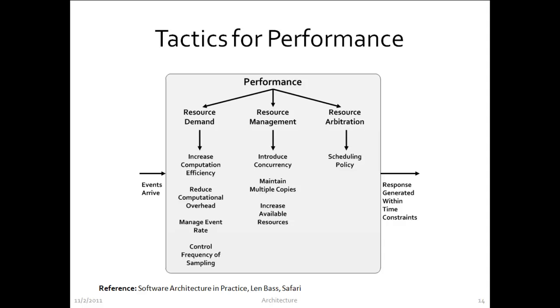The third kinds of tactics are for performance. And for performance, you essentially have the following tactics. You can either do things more efficiently, essentially reduce resource usage. You can reduce switching because switching has costs.